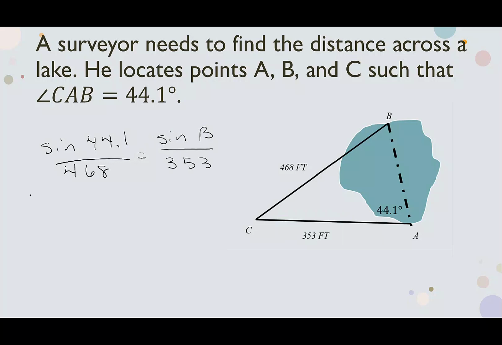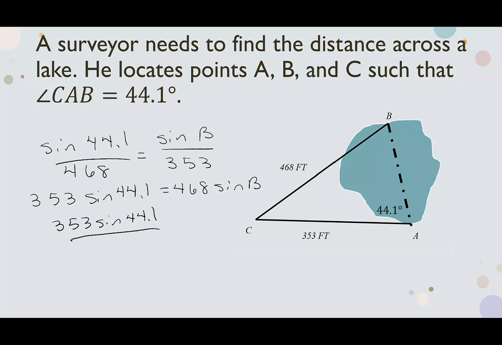We cross multiply to get 353 times the sine of 44.1 is 468 times the sine of B. We'll divide both sides by 468. Now I have 353 sine of 44.1 over 468 is sine B. To get B, I need to do the sine inverse.